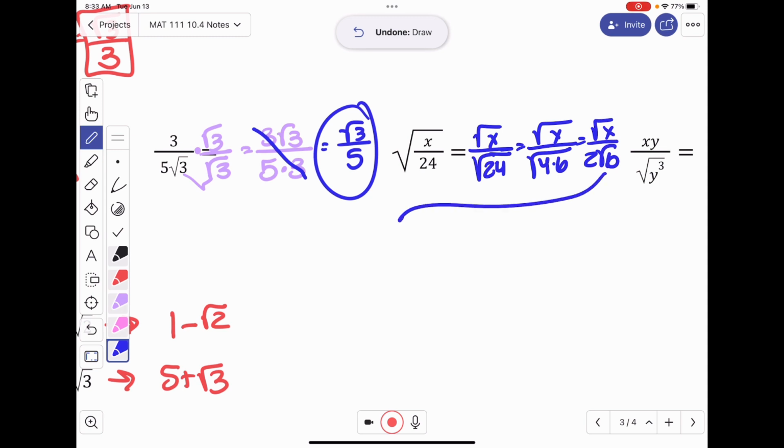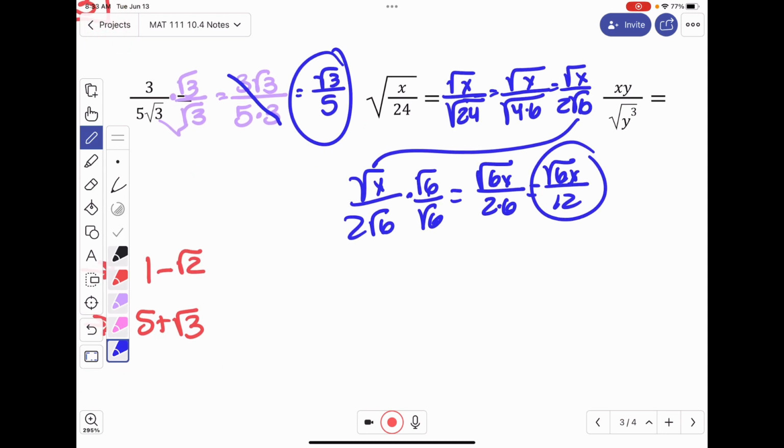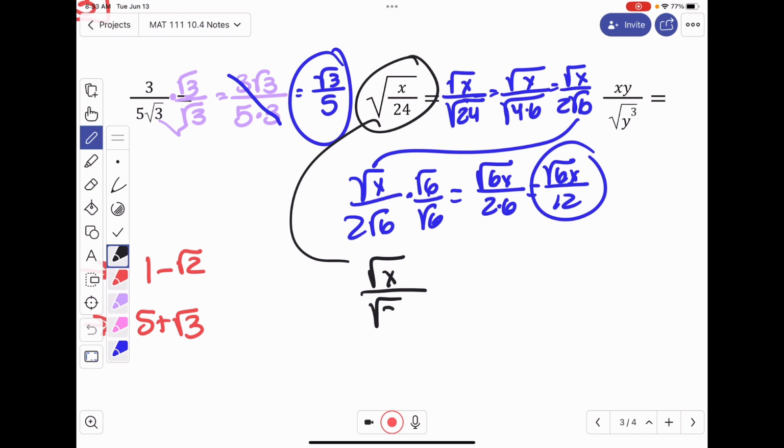Now if I take this, I can multiply by root 6 over root 6. And on the top, I get root 6x. And on the bottom, I get 2 times 6, which is 12. That's one way. The other way is to just straight multiply by root 24.